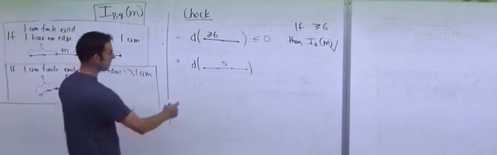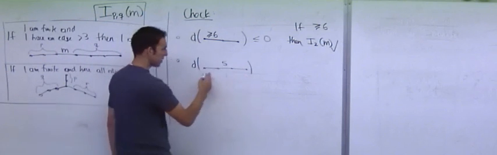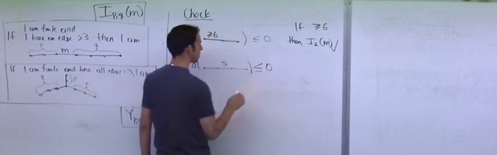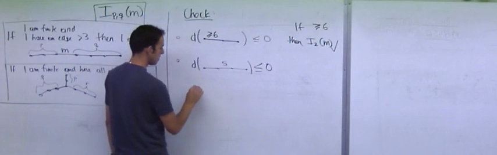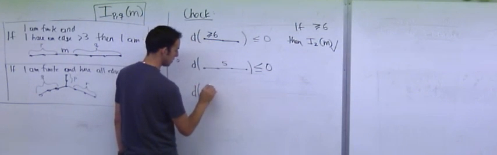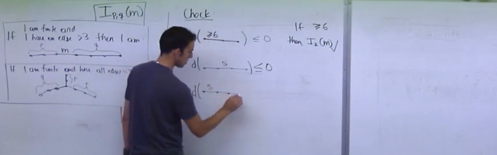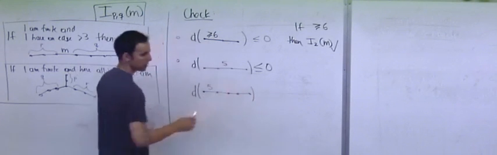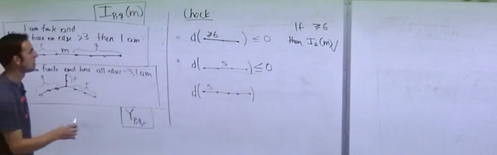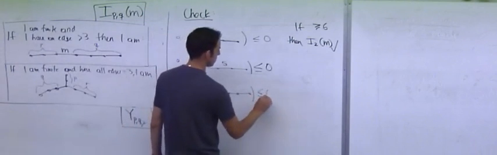So you just prove that this group is infinite, and the way you prove it is by computing the determinant, and you find that it's less than or equal to 0. And then you do that also for this guy. You compute this guy, and you show that it's less than or equal to 0.